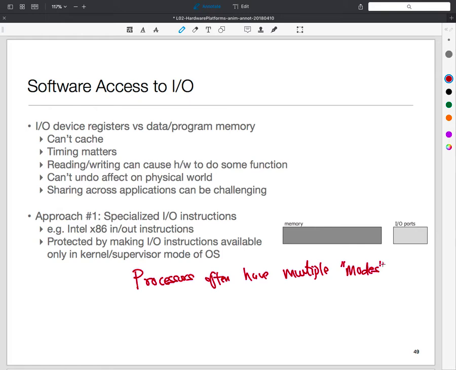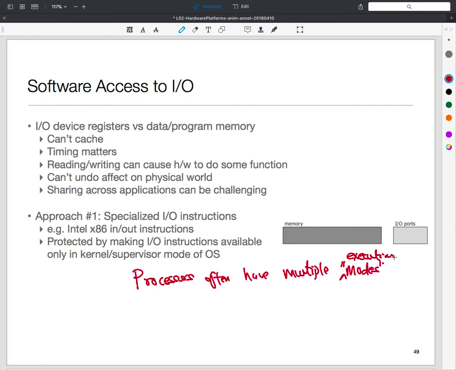Processors often have something called execution modes. The idea is that in different modes, not all the instructions may be available.